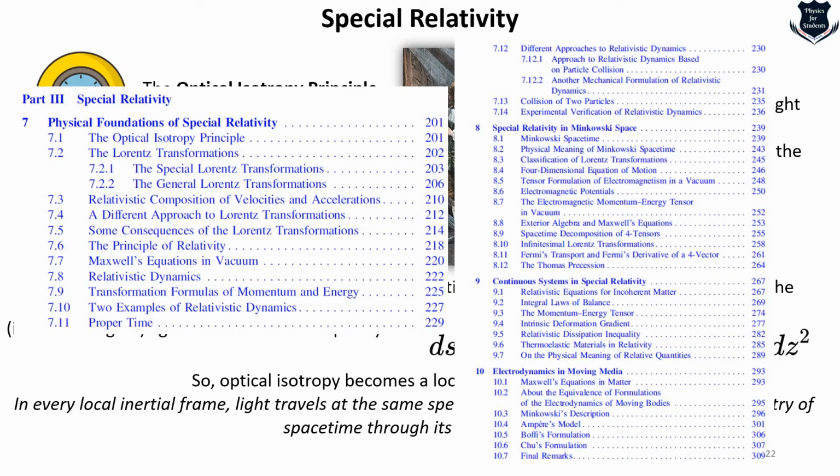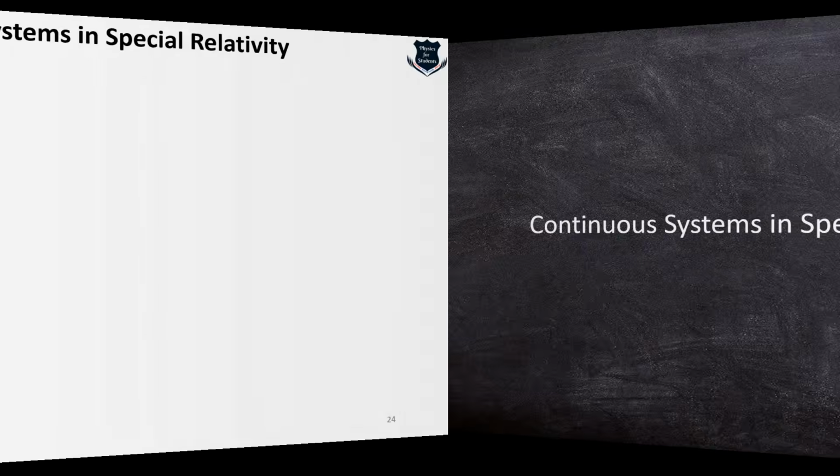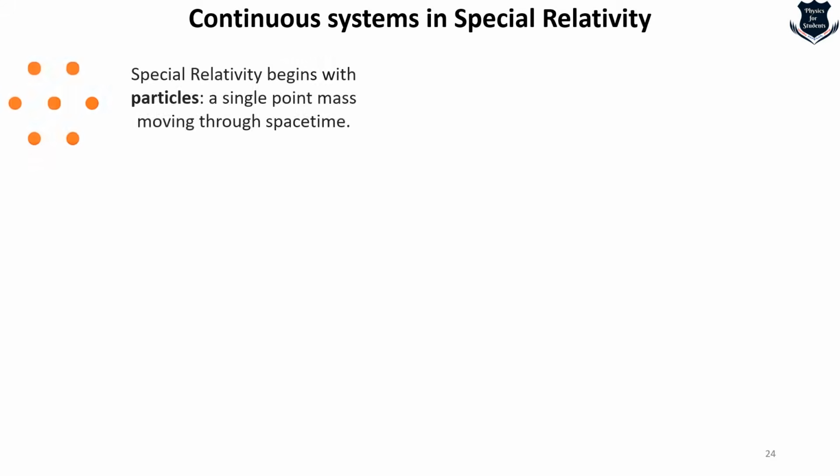Now, once the authors, or you, have learned about special relativity, then comes a very important concept, which is called continuous systems and special relativity. This is a very unique approach in building up your mathematical foundations. Special relativity actually begins with particles, for example, a single point mass moving through space-time.